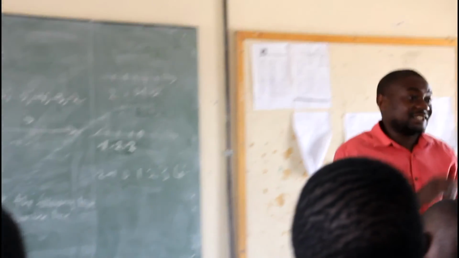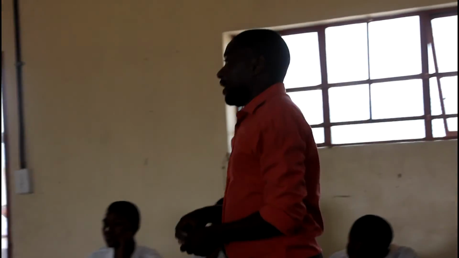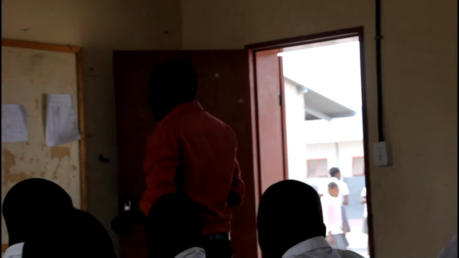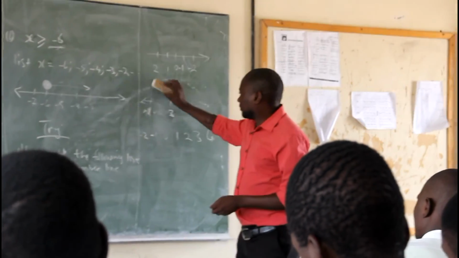We don't change. Going to the right is 1, 2, 3, 4, 5. Now if we reach there, we are going to the left. That's negative 1, negative. We don't change. Now it's break time.